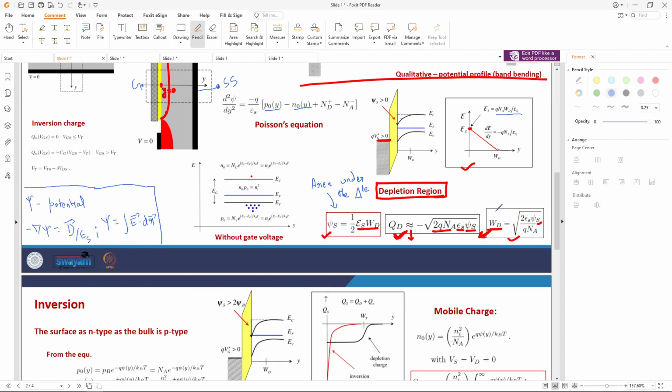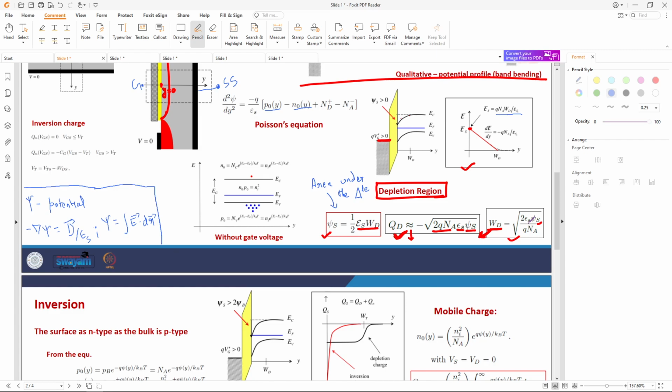Now, this is the first calculation that I'm asking you to do, for a surface potential of 1 volt. Do you know what the relative permittivity is? Silicon is around 11.8 or something. For silicon dioxide, it is 4.